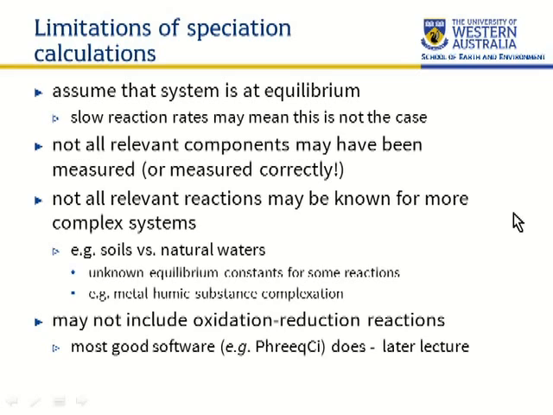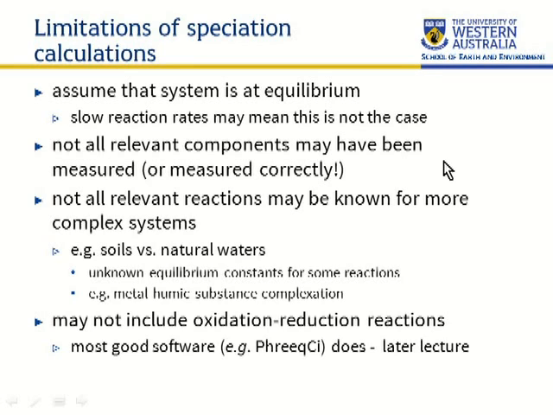There are some limitations to speciation calculations, as you would expect. Nothing is perfect. First of all, we assume that the system comes to equilibrium, or has come to an equilibrium, that our modelling then is valid, and that in many natural systems is not the case. There are things leaving and entering the system all the time in terms of chemistry.